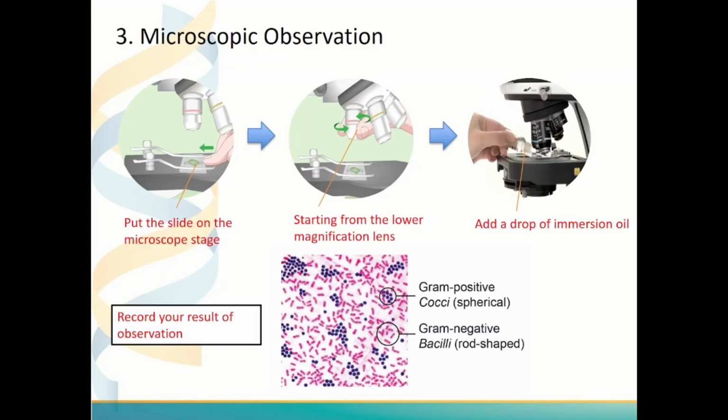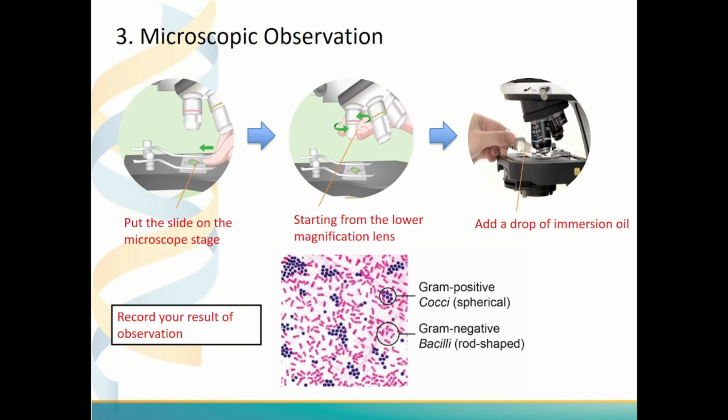And finally, we are in the last step of the gram staining method, which is called microscopic observation. After the smear making process and gram staining process, the last one is microscopic observation.